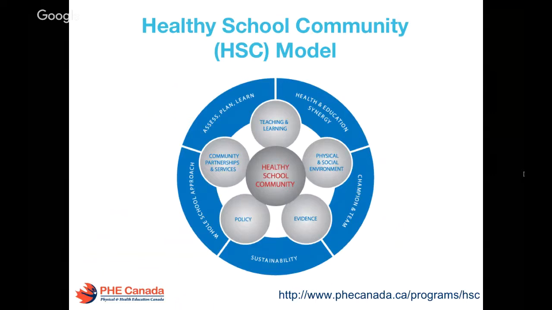So what's the research and evaluation on this, the policies that exist, and also the community partnerships and services. So again, bridging that gap between school, home, and community to support the healthy development of the whole child.